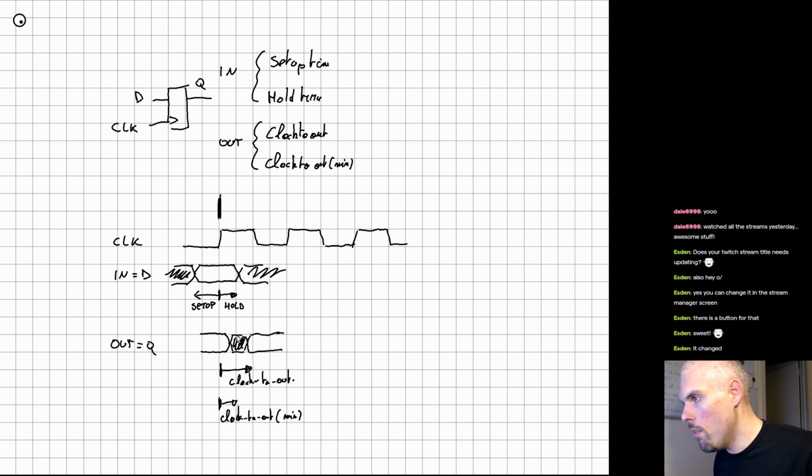And so you have like an invalid period between the two, where the data at the output of the flip-flop is indeterminate. So that was just a quick reminder about how synchronous logic works and the terms I'm going to use in this stream in explaining the various things.